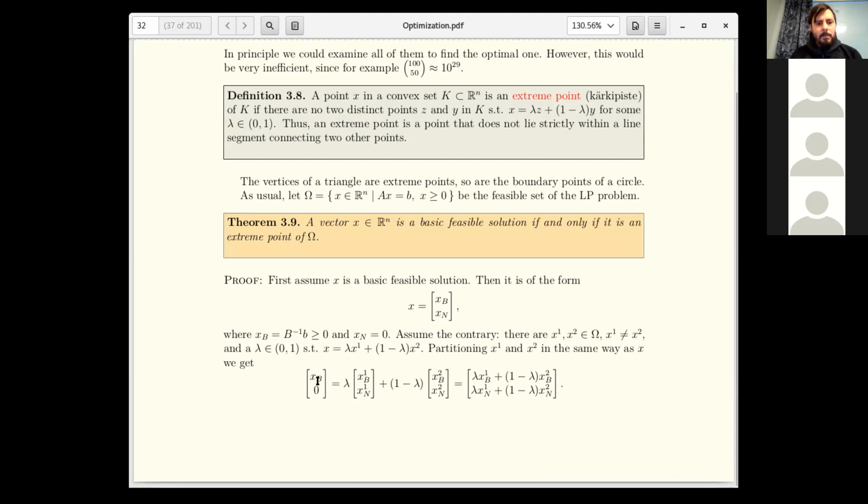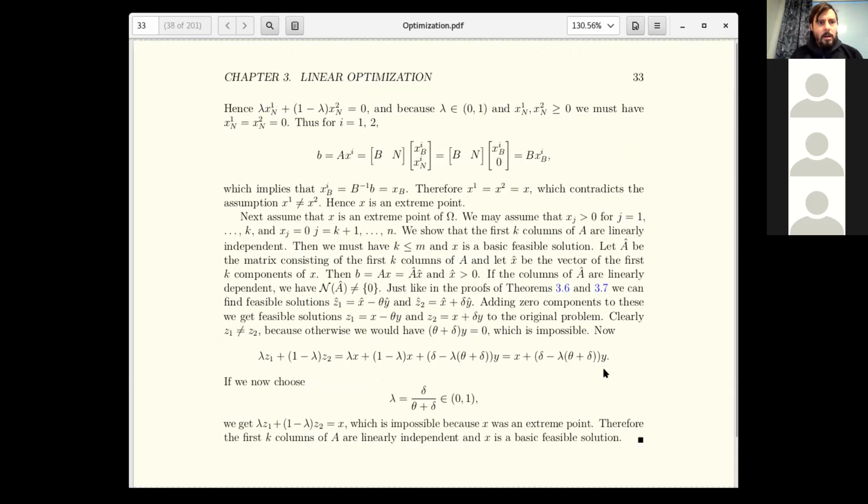If we have a basic feasible solution, let's take two other points such that it's a convex combination of two other points, another basic solution, a null solution. Because the null solutions are null, then we must have x1 n and x2 n equal to 0.